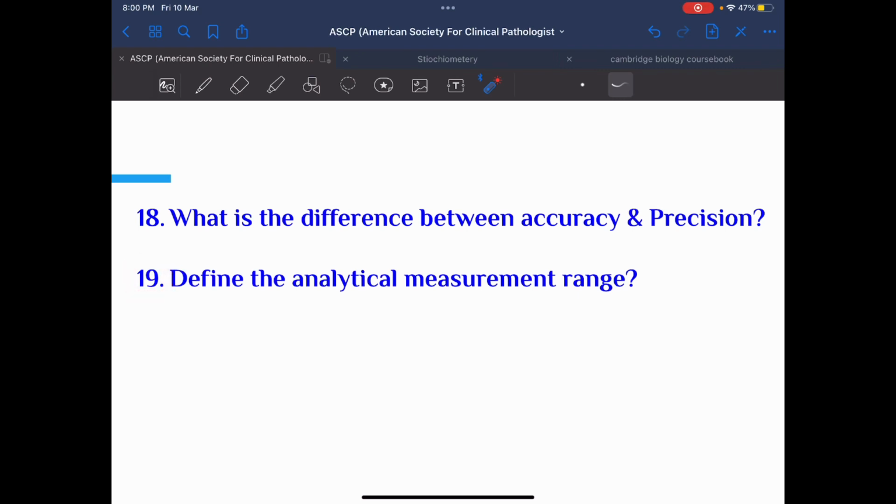Question number 19. Define the analytical measurement range.